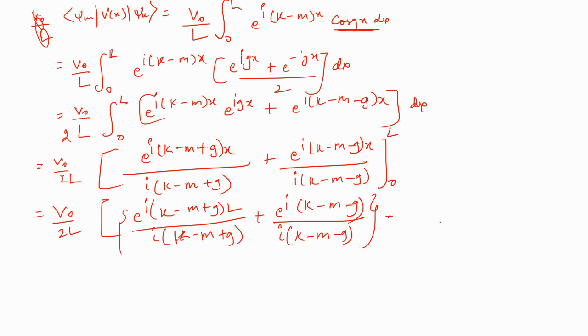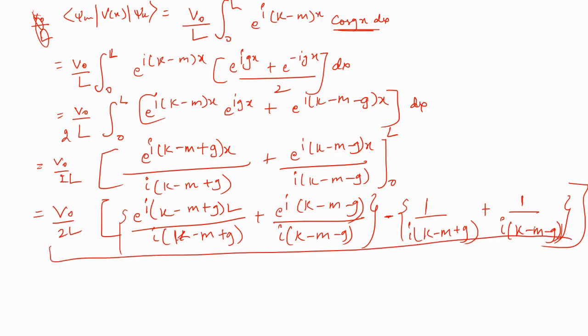If you put x equal to 0, the numerator will become 1 upon iota k minus m plus g plus 1 upon iota k minus m minus g. So I could solve only this much because after that it will require a lot of calculation. And you need to find out the square of it.